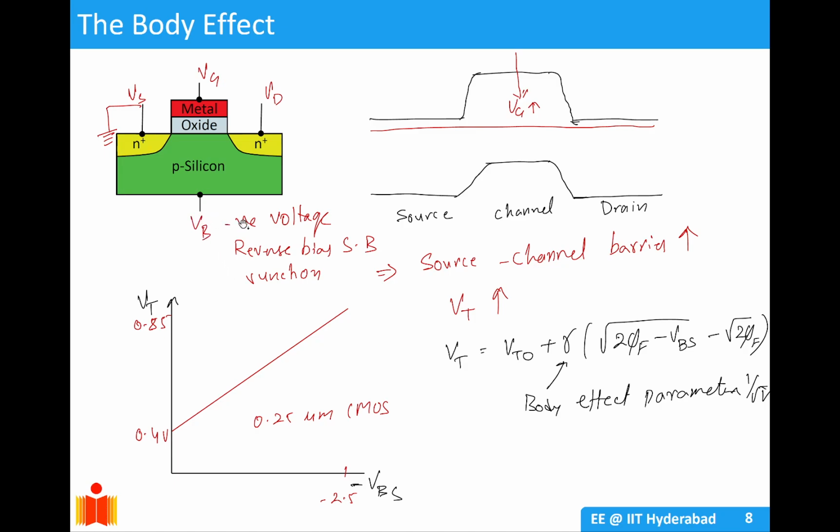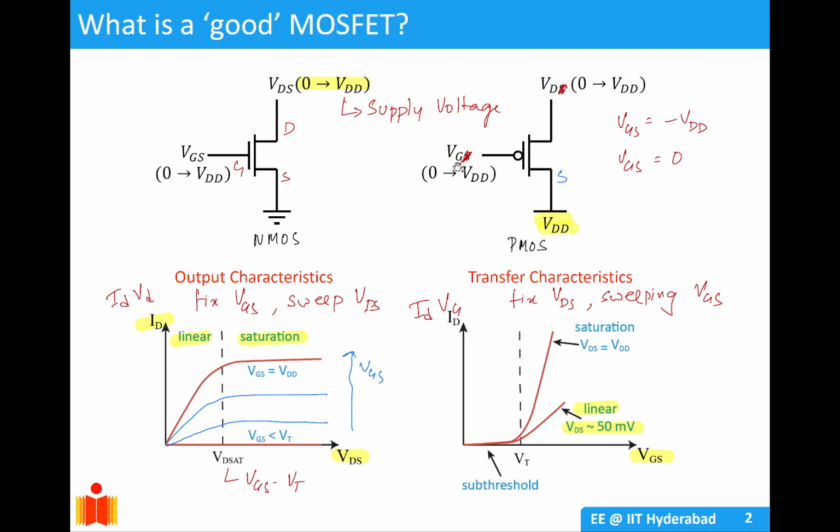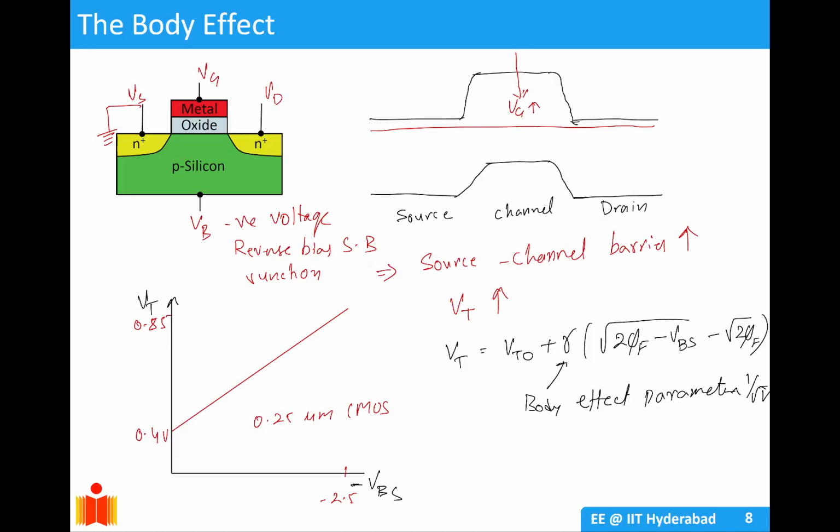So what the body does is that it applies a field over the whole device. When you put a negative voltage on your body, then the whole band will shift up, and therefore it will shift the value of VT.